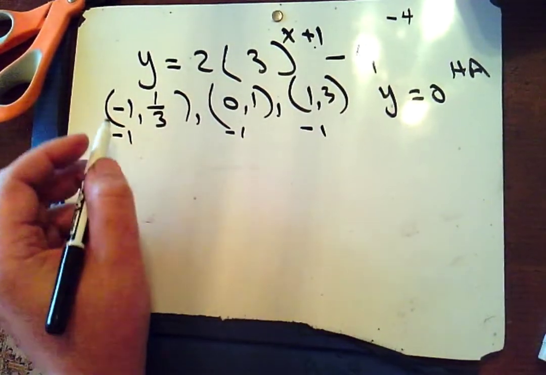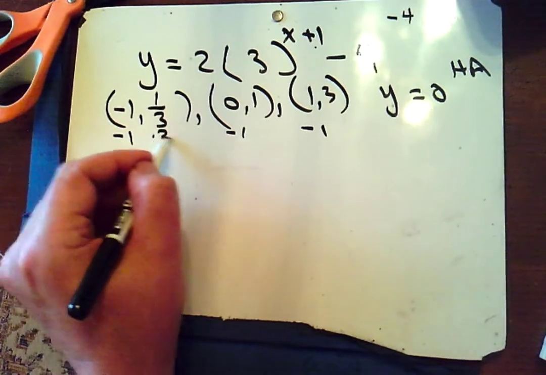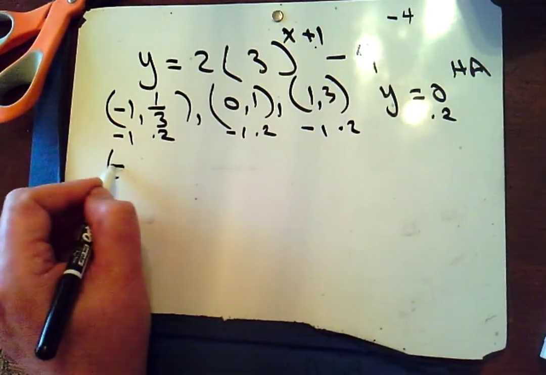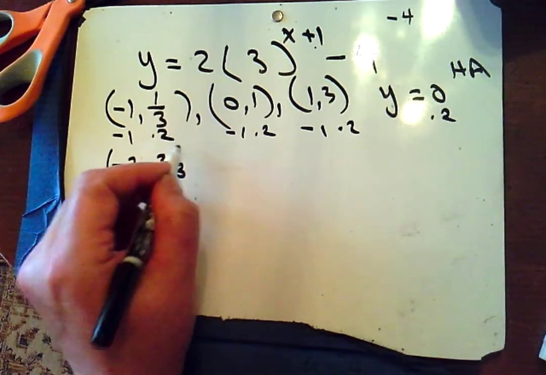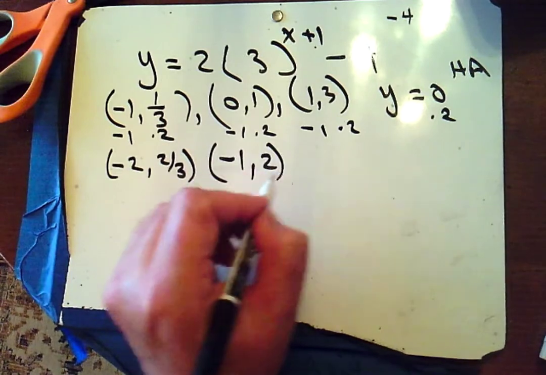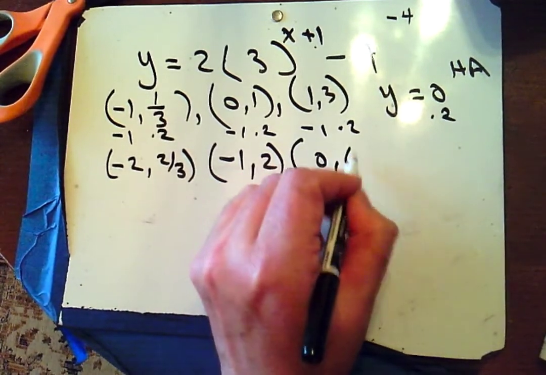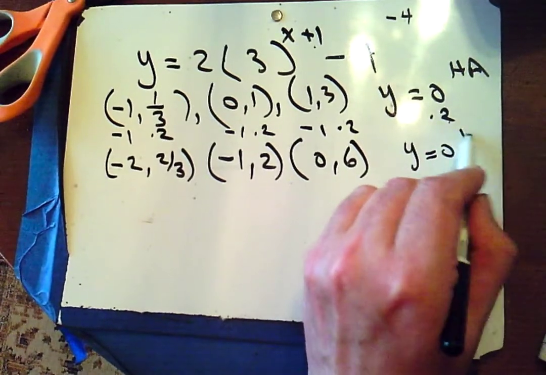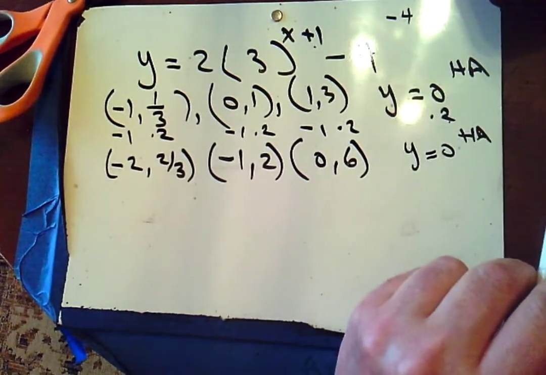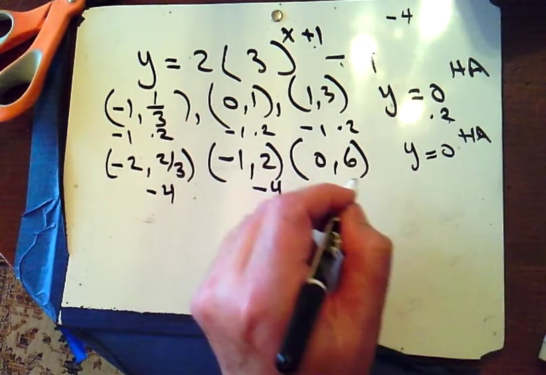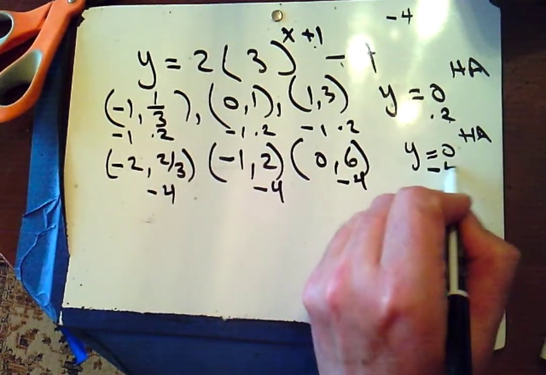Okay, so I'm going to multiply all the y's by 2, including this y. So I get negative 2, 2/3, negative 1, 2, and 0, 6. 0 times 2 is still y equals 0 for the horizontal asymptote. Next, I'm going to subtract 4 from all the y values, including this one.